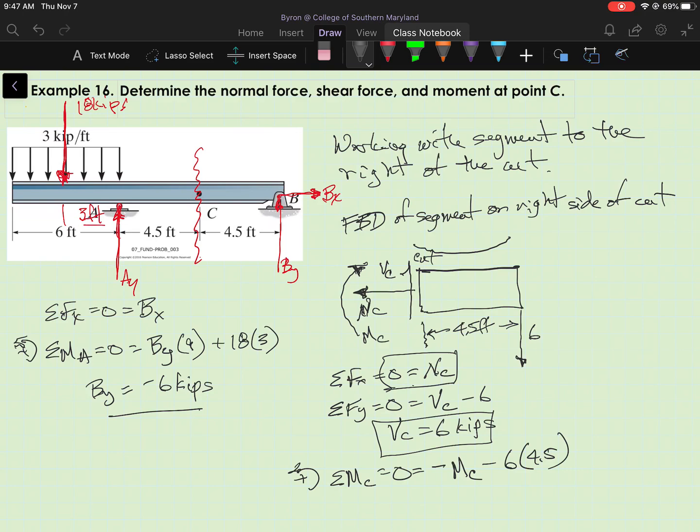So therefore, M sub C equals a negative 27 kip feet, or 27 kip feet counterclockwise.